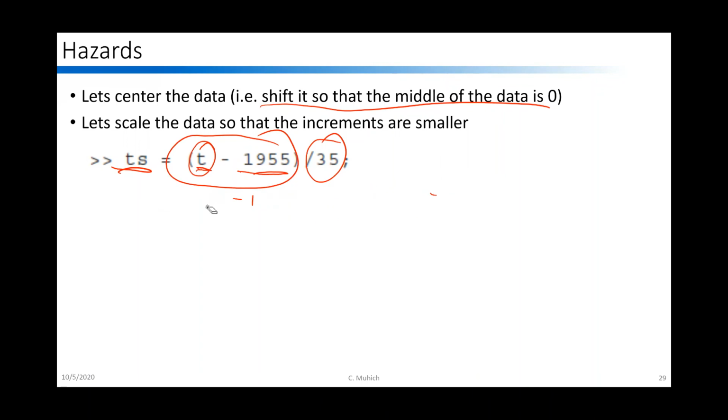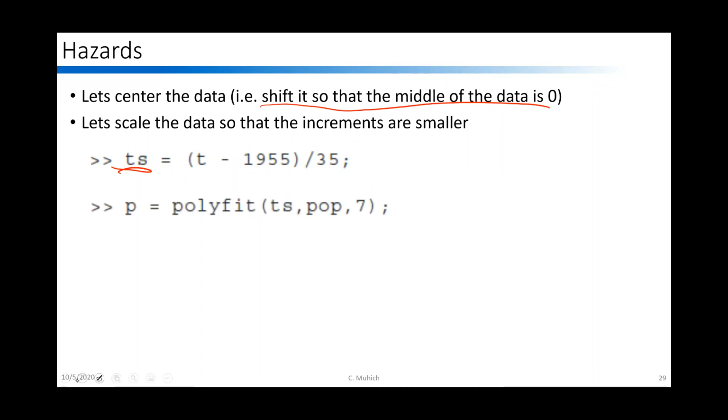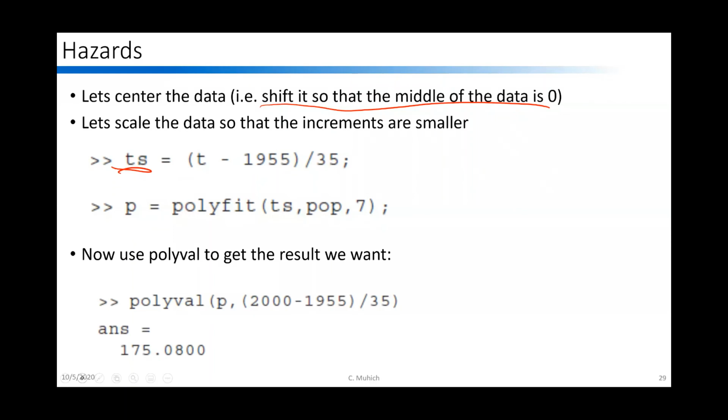Now if I go in and use polyfit again, we'll get the result that we want. So here we can use polyfit to get our p-values, those different coefficients. We don't get a warning. I can now use polyval, which will take any input number and use those p's to return our value.